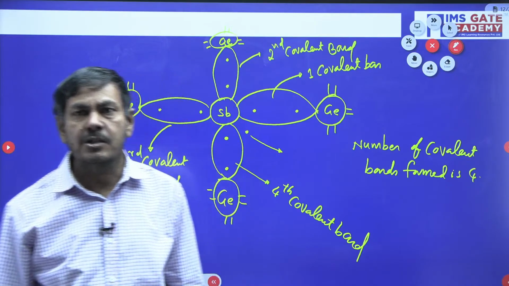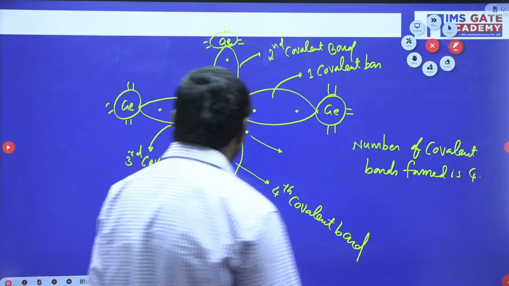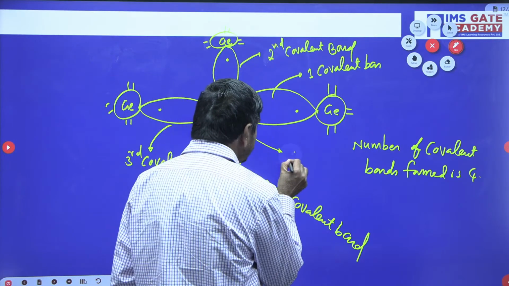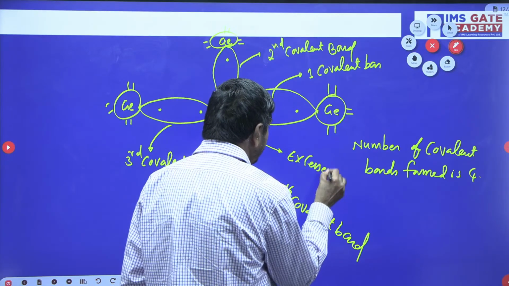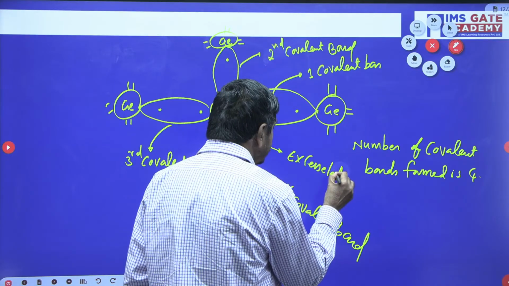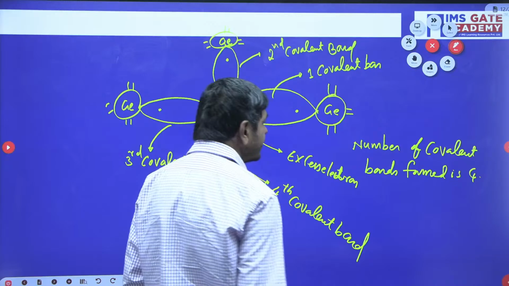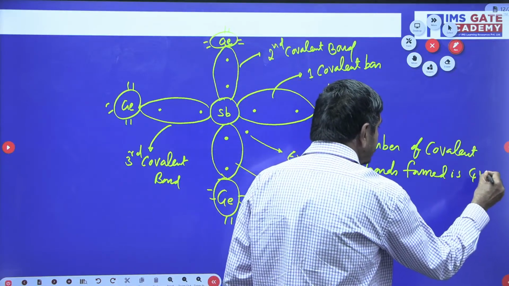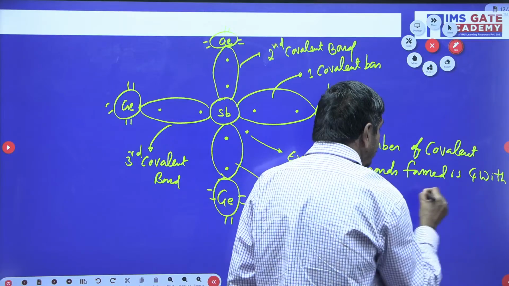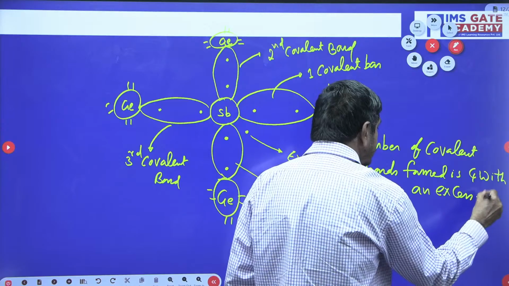At the time, it is going to remain as an excess electron. I can say this electron is an excess electron. You can write: number of covalent bonds formed is 4 with an excess electron.